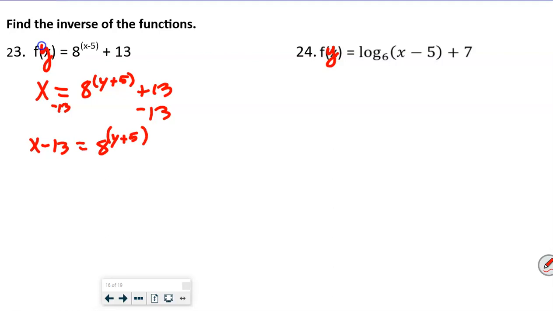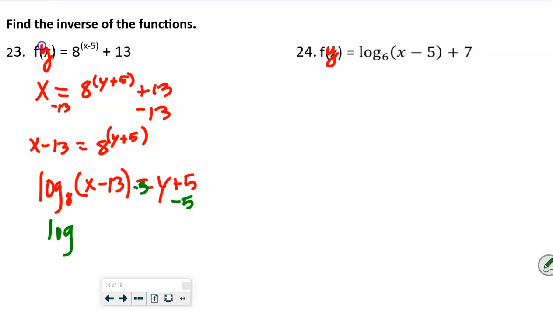Now we're going to put it in log form. So it's going to be log base 8 of x minus 13 is equal to y plus 5. Our last step is we're going to subtract 5 from both sides. So our answer is log base 8 of x minus 13 minus 5. That is our inverse. Okay?